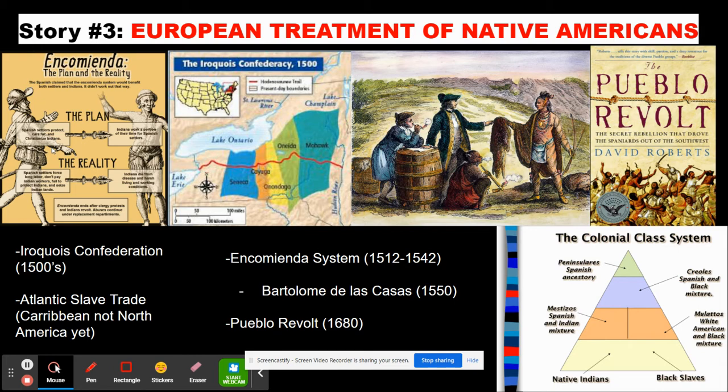First and foremost, the British are the ones that will eventually settle permanently. But one of the things that the natives in North America did to protect themselves is they created the Iroquois Confederation, which was a political union of these 5 tribes here in northern present-day United States.